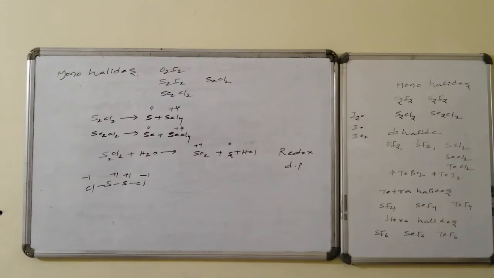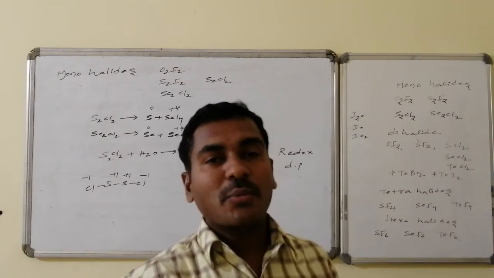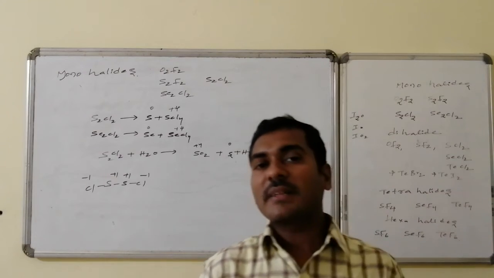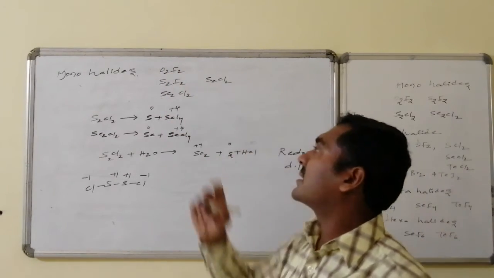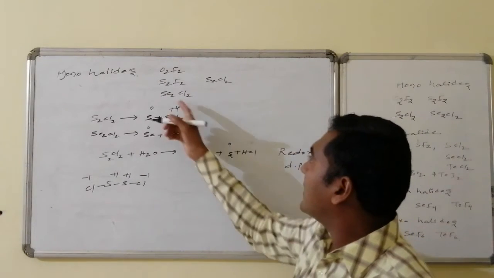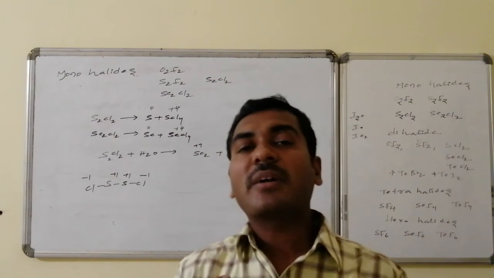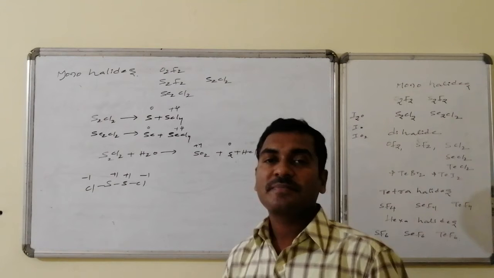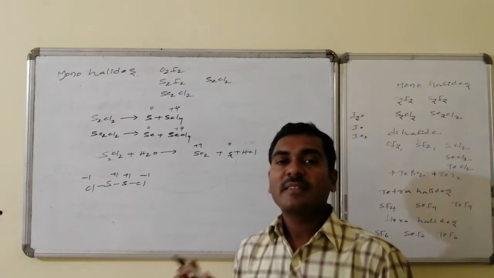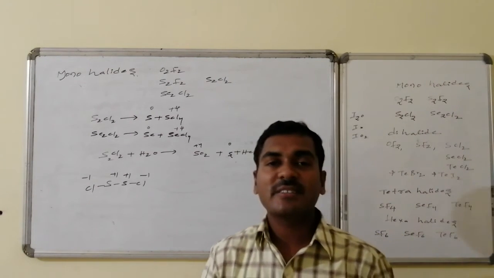Another important point is that in these monohalides, the 6A group element connectivity is present and it is connected to the halogen atom. Thus, in dioxygen difluoride, 2 oxygens are connected. In disulfur difluoride or dichloride, 2 sulfur atoms are connected. Even in diselenium dichloride, 2 selenium atoms are connected. But if you look, the bond strength is decreasing. Sulfur maintains higher bond strength, then after oxygen, selenium and tellurium have very weak bond energy. Tellurium bond energy is very small.